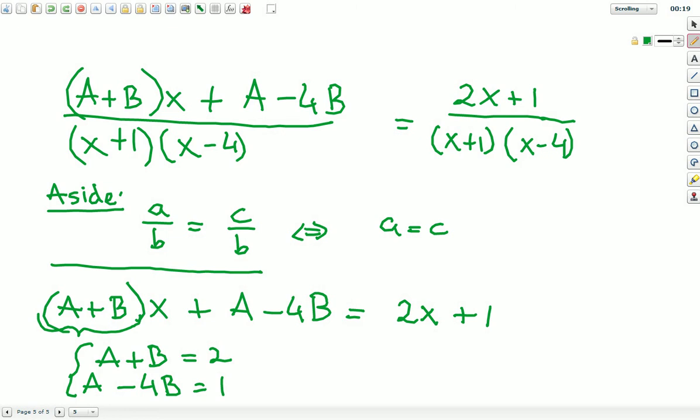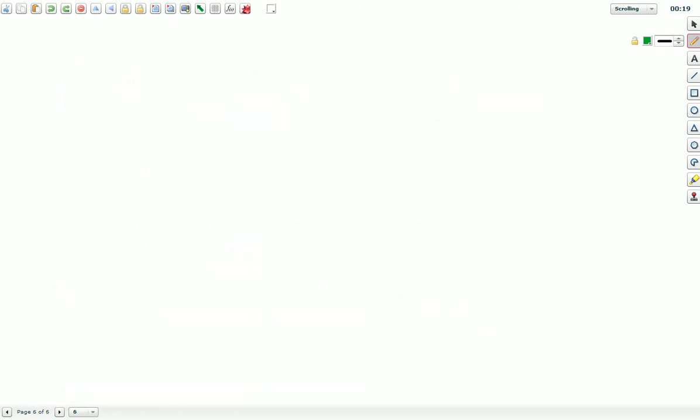Okay, and now you see why we cover partial fraction decomposition in the chapter that deals with systems of equations. We end up with a system of equations that we need to solve to find our constants.